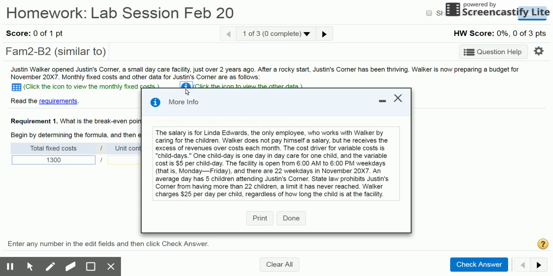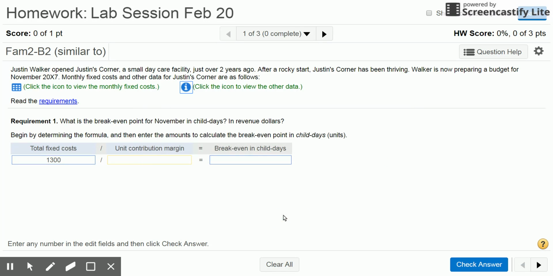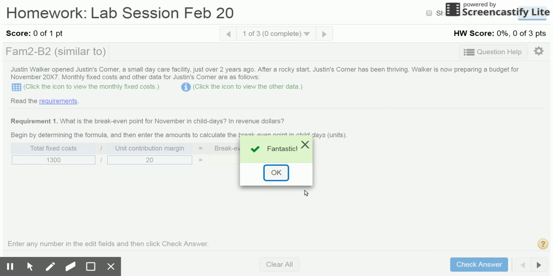So we go in this file, seeing our variable cost is $5 and we are charging $25 per day. So it means our contribution margin is 25 minus 5. So we'll have 20, and 1300 divided by 20 is 65. So the answer is right.